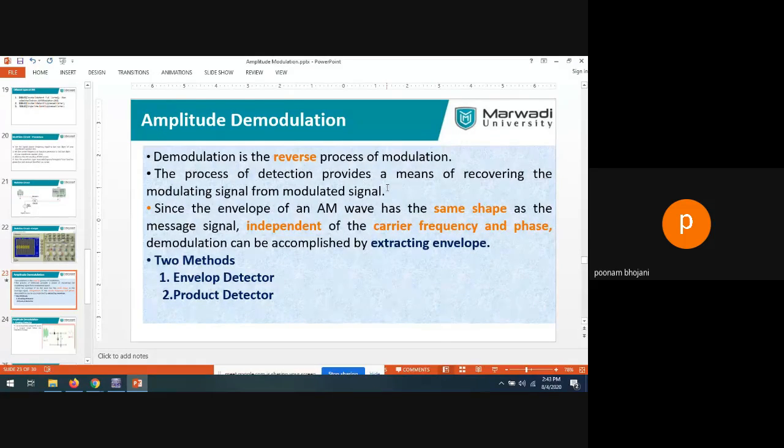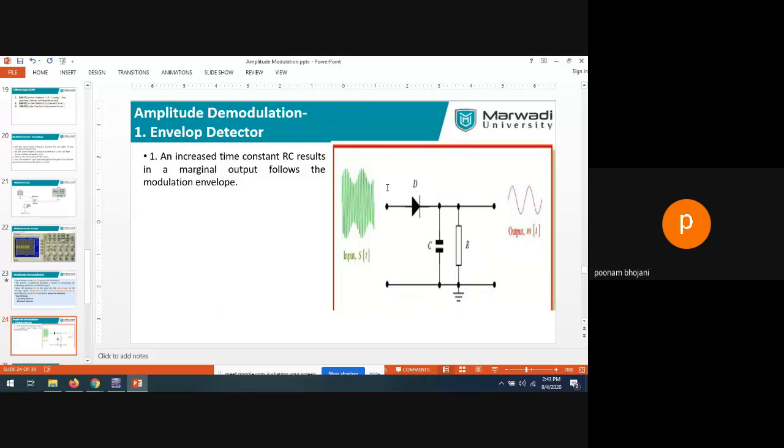Let us see the first one, the envelope detector. In the envelope detector, either we want to detect the positive envelope or we want to detect the negative envelope, because both give me the original signal. If you want to detect the positive envelope, then you have to put the diode in forward bias. In forward bias, positive cycles will pass through it.